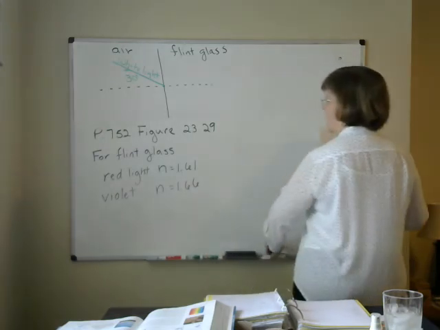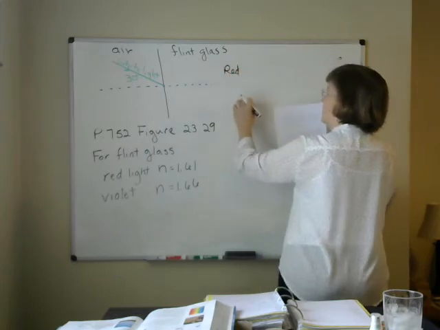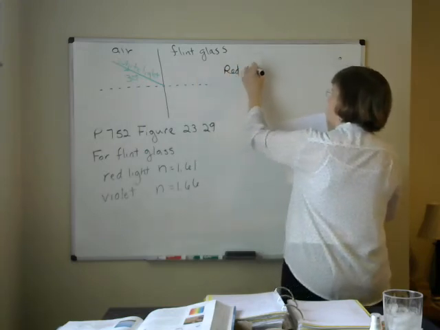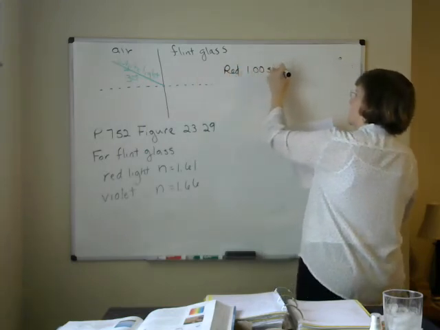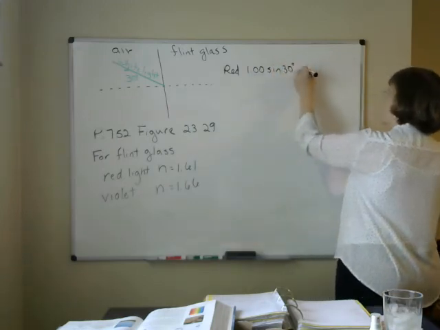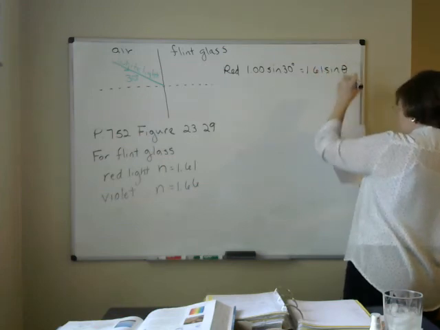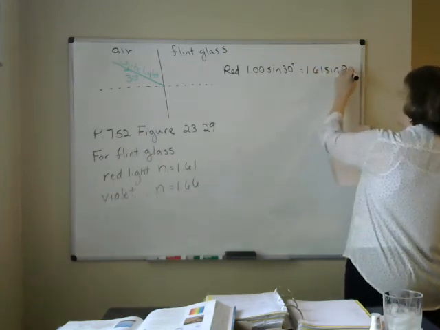So if we look at red, well, we're starting at air, so 1.00 sine 30 degrees. That's the air side, has to equal 1.61 sine theta R, I'll put R for refracted.